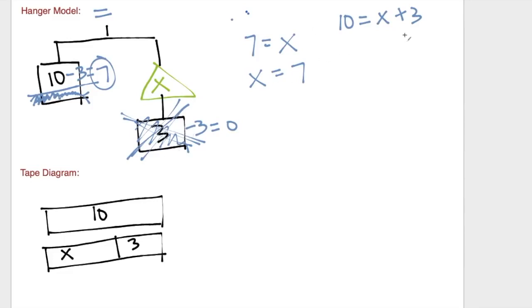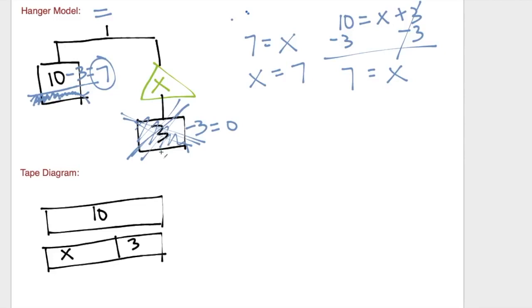And just like the scale model, we are subtracting 3 on both sides, getting rid of that smaller number, that weight that's attached to the x, so that x can be by itself, so x equals 7. And notice how I crossed it out because it's gone, just like over here. So that's the hanger model, very similar to the scale model.